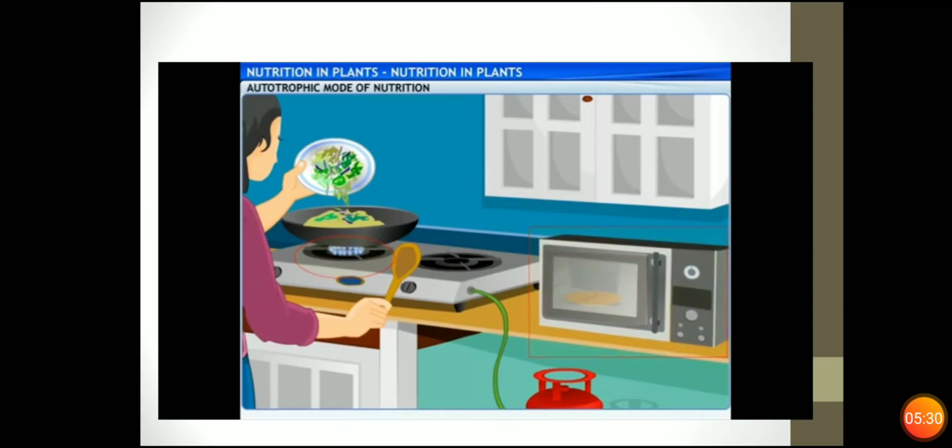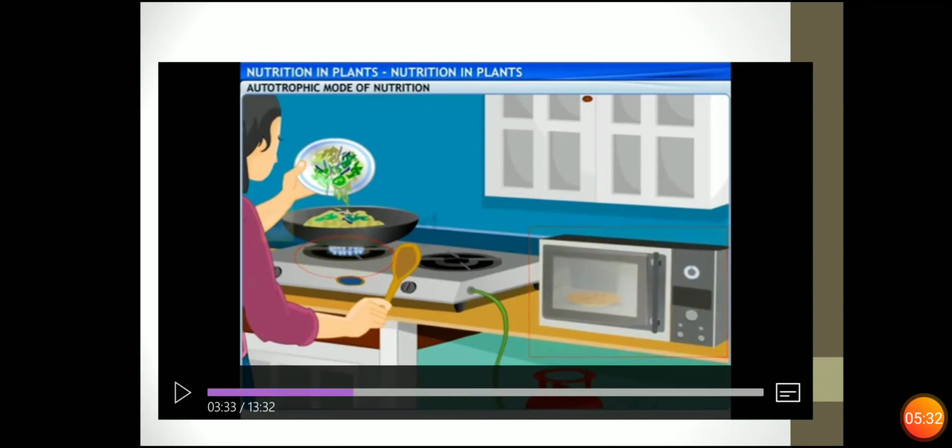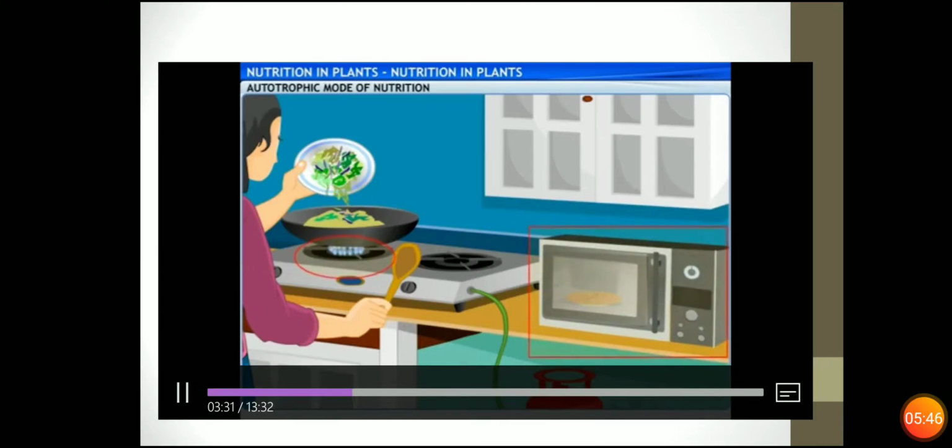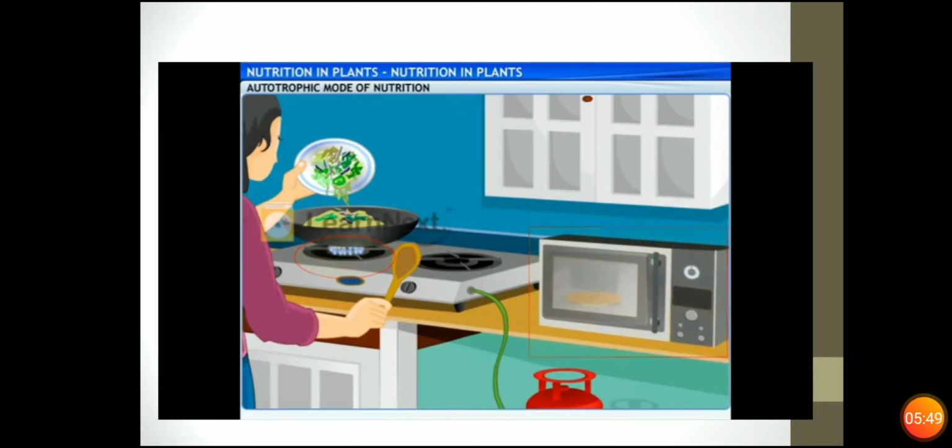See how she uses either a gas stove, an oven, or a microwave. That means she's preparing the food by herself. In the same way the plants prepare their food by themselves.